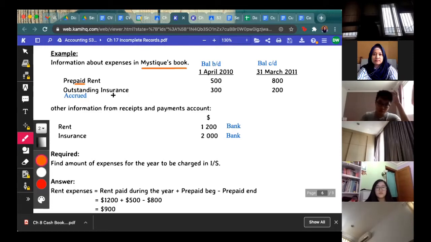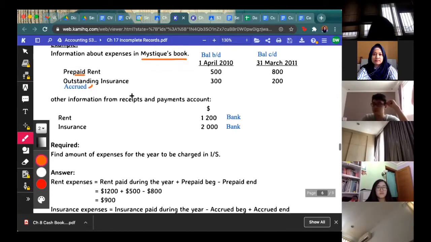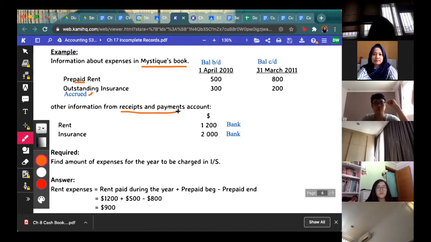You have outstanding insurance, representing accrued. So you have accrued beginning and accrued at the end of insurance. You have information from receipts and payments, which indicates that this is a bank. So rent paid during the year is 1,200 and insurance paid during the year is 2,000.